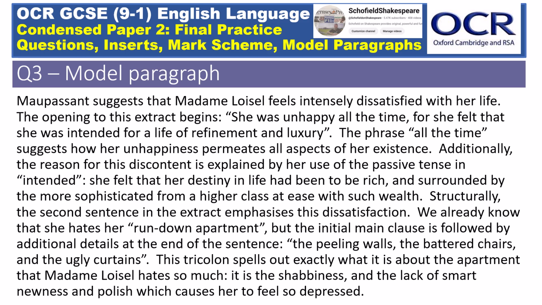The phrase "all the time" suggests how her unhappiness permeates all aspects of her existence. Additionally, the reason for this discontent is explained by her use of the passive tense in intended. She felt that her destiny in life had been to be rich and surrounded by the more sophisticated from a higher class, at ease with such wealth.